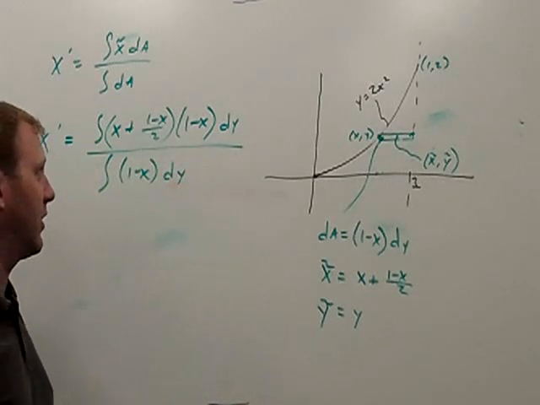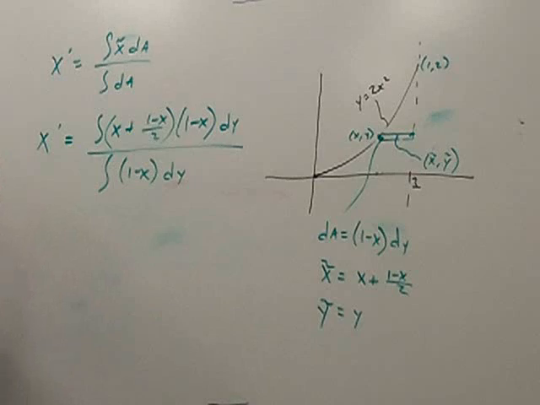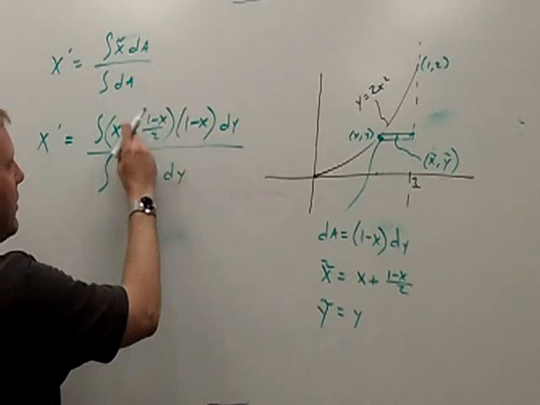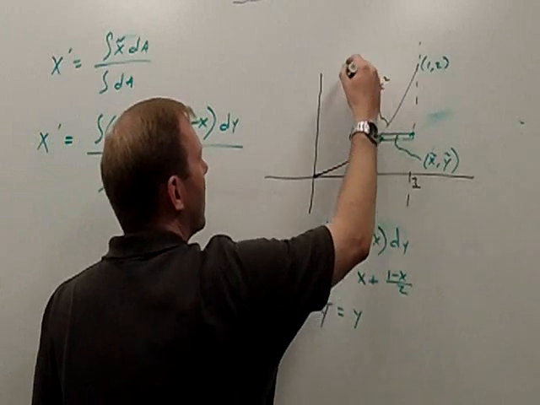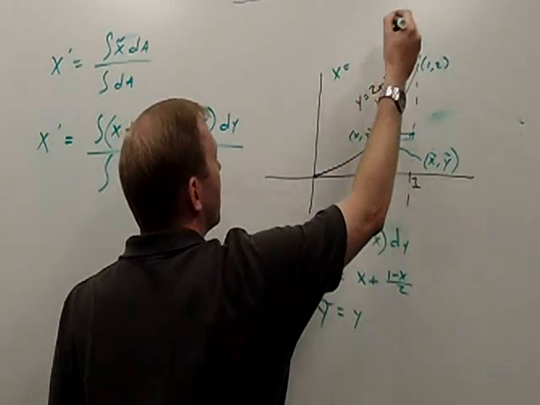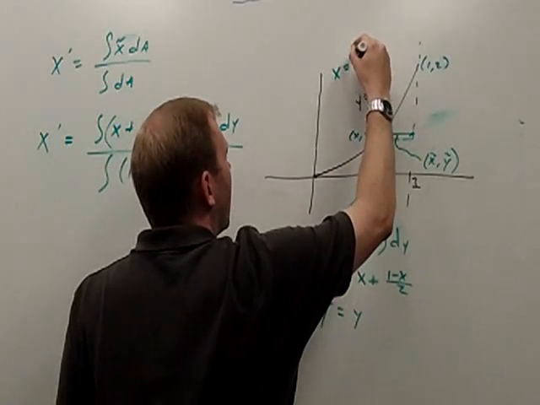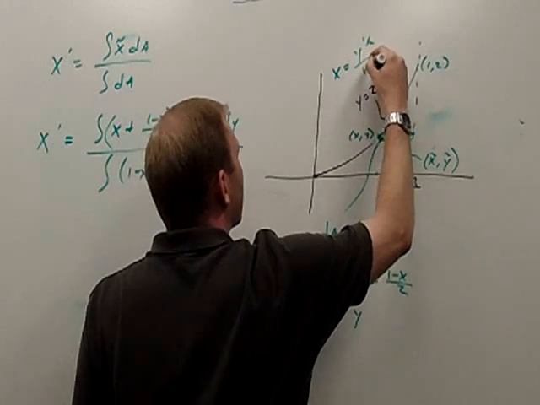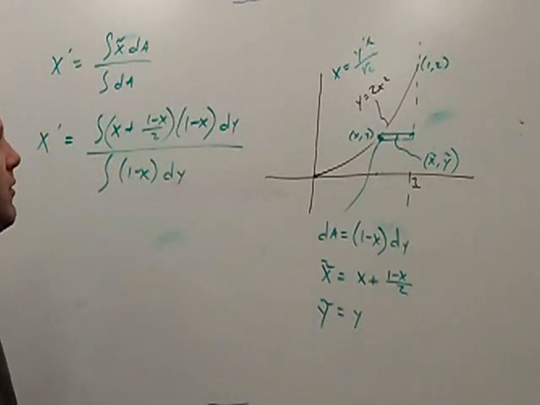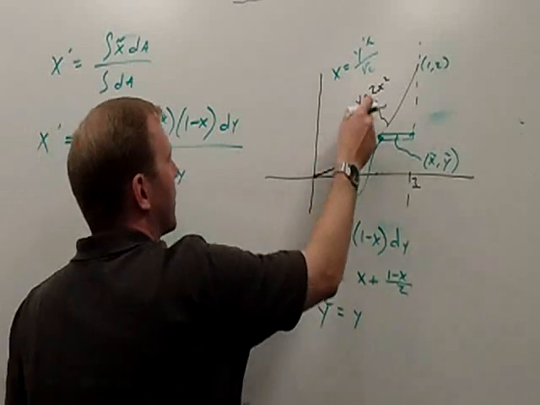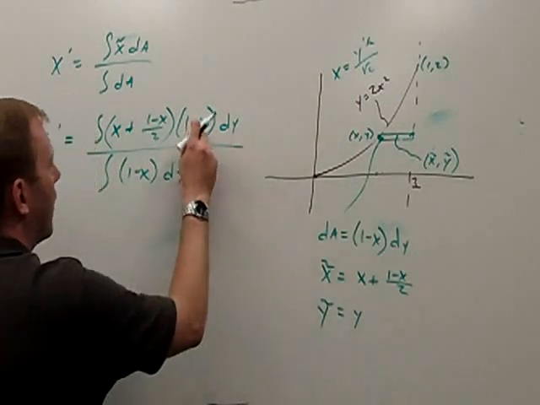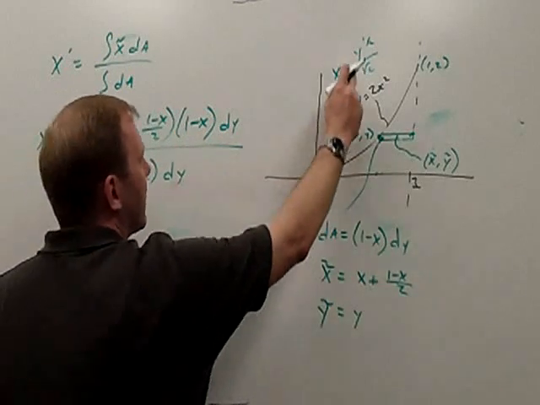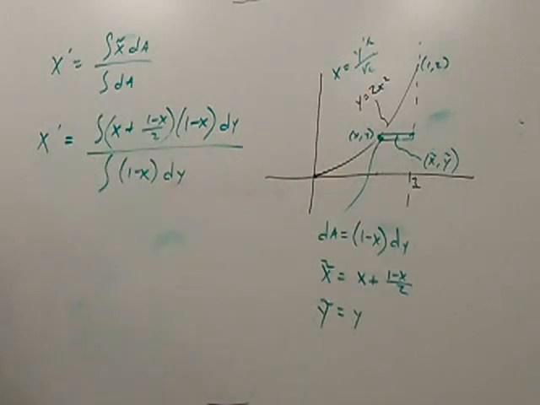Now what makes this especially awful is we have to integrate over y, which means we need to substitute in for all these x's. We know y is equal to 2x squared, which means x is equal to y to the 1/2 over radical 2. Okay, just rearranging, solving that for x. Bring the 2 over, take the square root of both sides. So in for all these x terms, we have to substitute y to the 1/2 over radical 2.